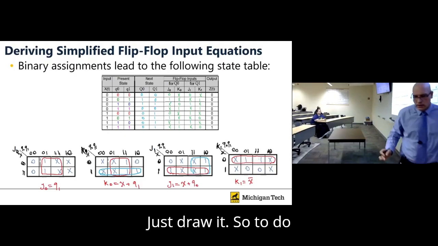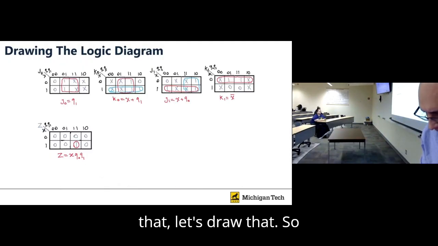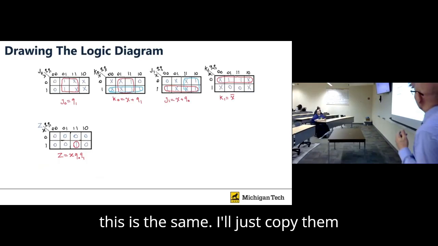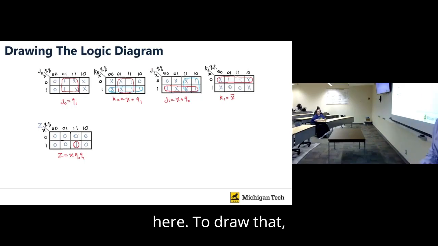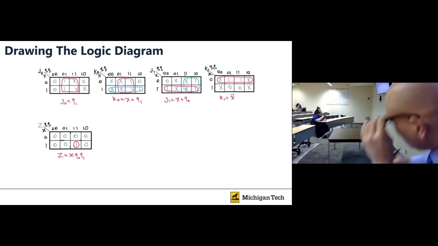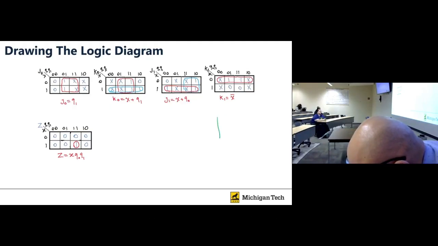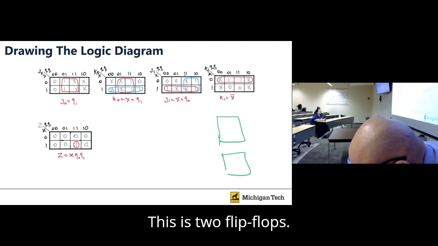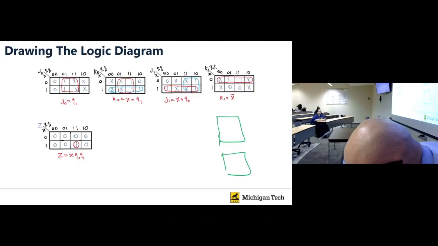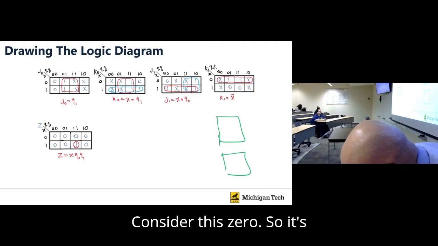Just draw it. So to do that, let's draw that. This is the same, I just copy them here. To draw that, here is also kind of important. These are 2 flip-flops. We consider this 0.